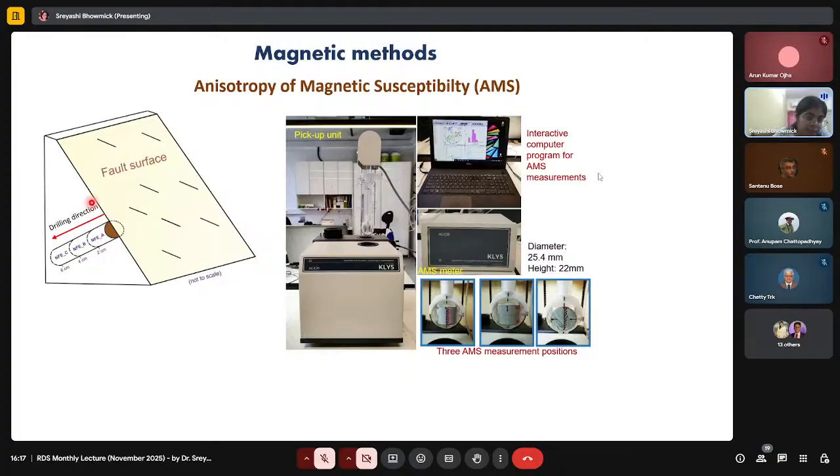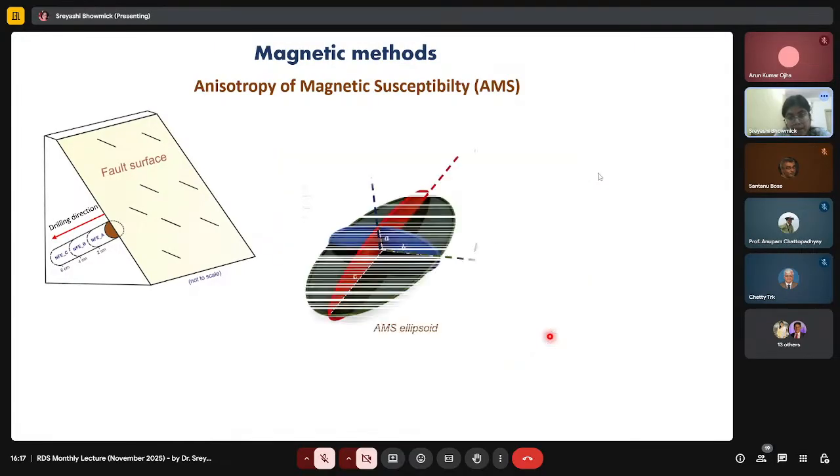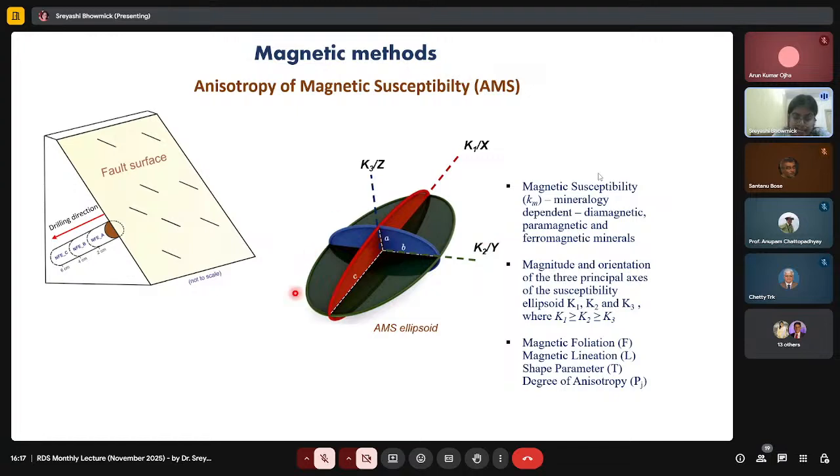So we drilled perpendicular to the fault surface, and we obtained oriented core samples which were subjected to an external magnetic field. So this is the Kappa bridge. And we measured the induced magnetization at 3 perpendicular orientations, as you can see here. So this is the AMS ellipsoid, which is defined by the 3 perpendicular susceptibility axes, K1, K2, and K3, and this can be compared to the strain ellipsoid.